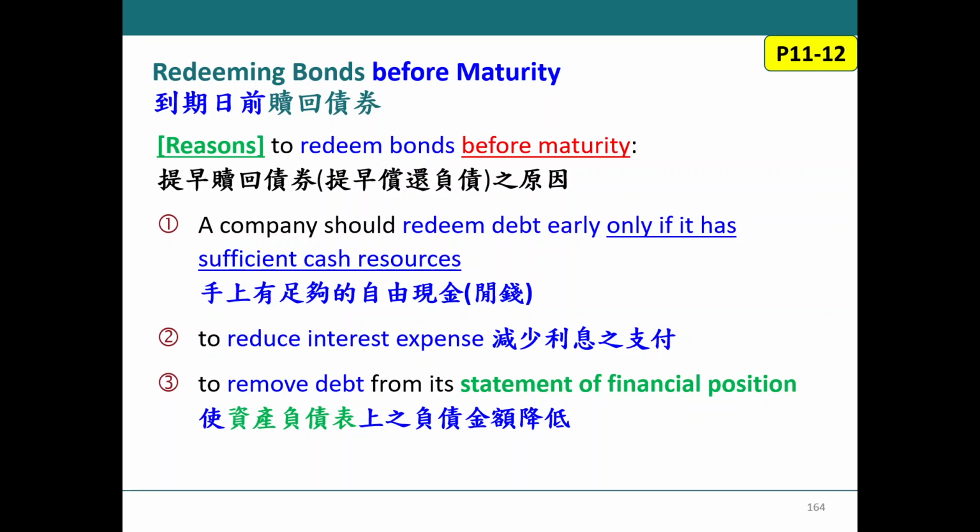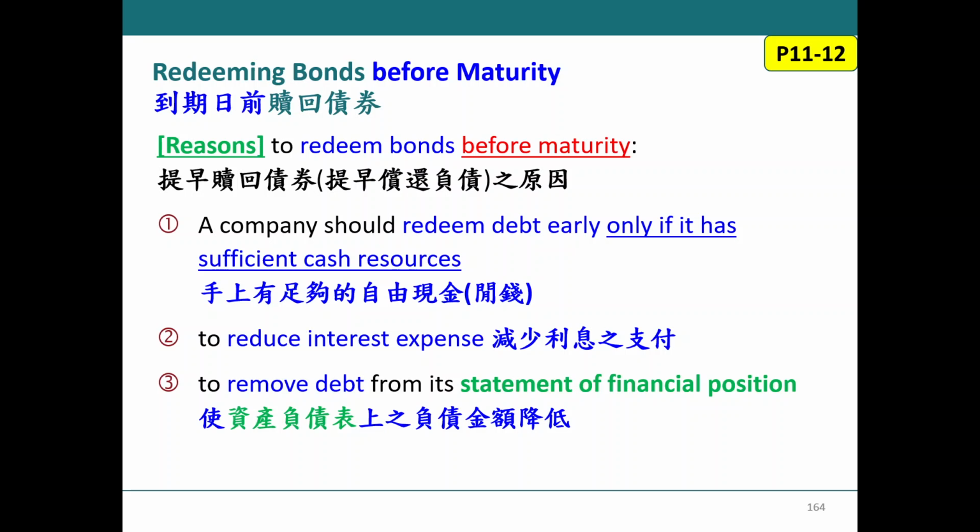So here is the simple case. I have money, I don't know how to do any investment, so I pay the debt. But what if, in another case, you don't have the money, but still you pay the debt before maturity date? Could you tell me what kind of situation?